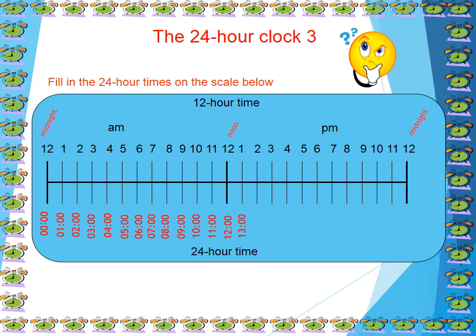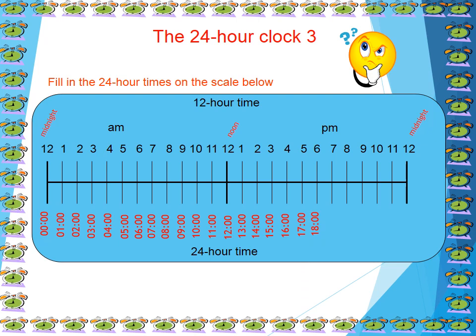You noticed here we add 12. 1 plus 12 equals 13. 2 p.m. equals 14 o'clock in 24-hour time. 3 p.m. equals 15 o'clock. 4 p.m. equals 16 o'clock. 5 p.m. equals 17 o'clock.